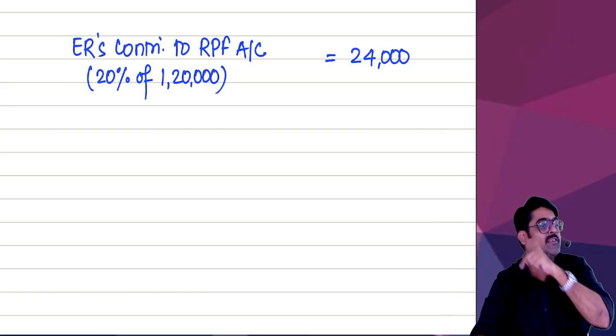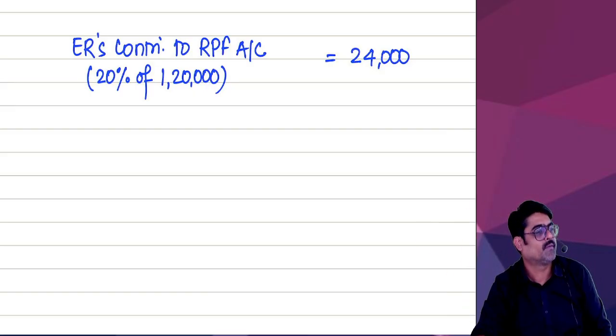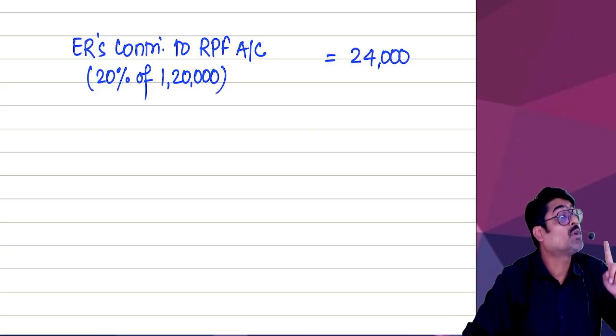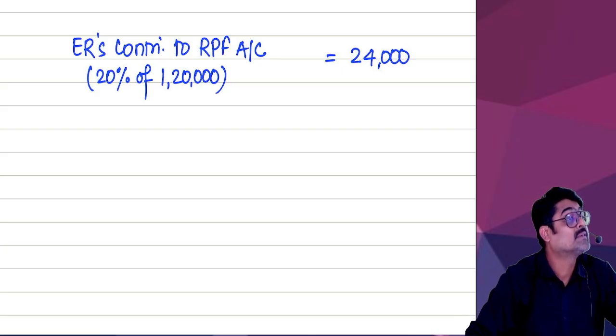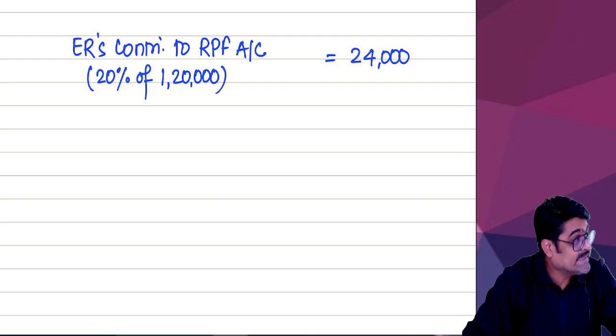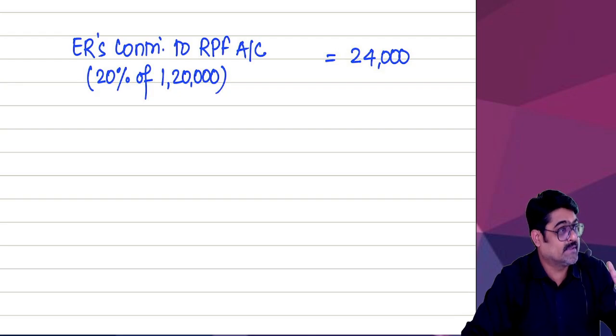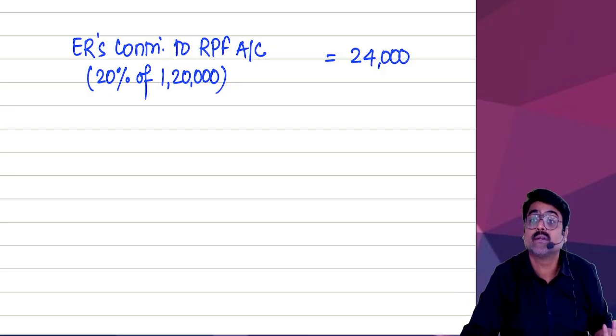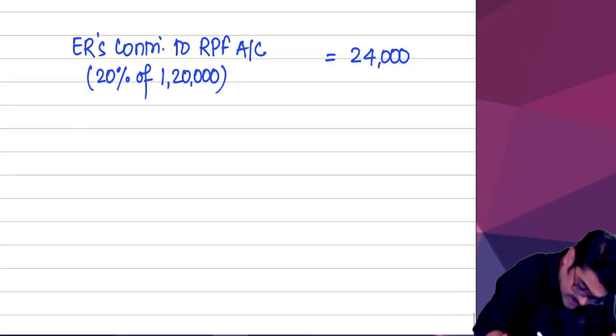Now you'll have to compare this amount with 12% of salary. 12% of salary means basic, DA in terms, turnover commission. There, if you take only basic, you are gone. So now you are supposed to compare this amount with 12% of what?